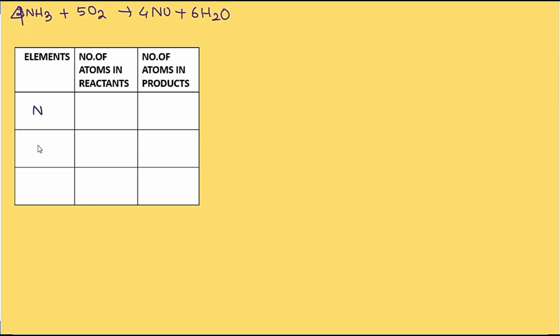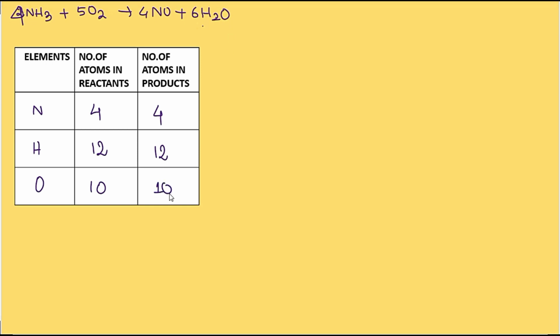So nitrogen, hydrogen, oxygen: nitrogen here 4, hydrogen 12, 4 into 3 is 12, oxygen is 10. Number of atoms in products, nitrogen is 4, hydrogen is 6 into 2 is 12, and oxygen is 4 plus 6, that is 10.